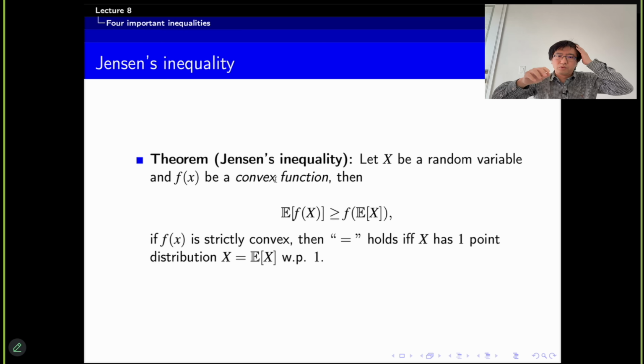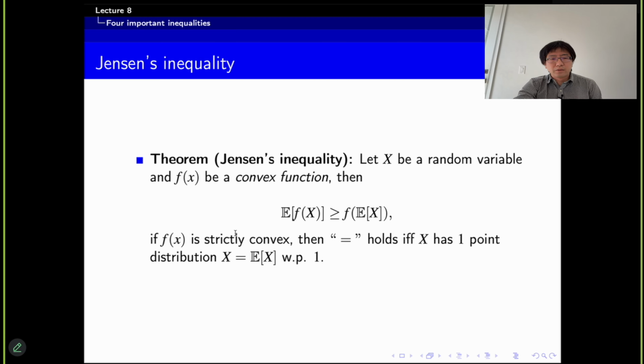The negative of a convex function gives you a concave function, for example a log function. For a convex function, if we take the expectation of a function of some random variable, it will be bigger than or equal to the function of the expectation. If it's a concave function, vice versa is true.